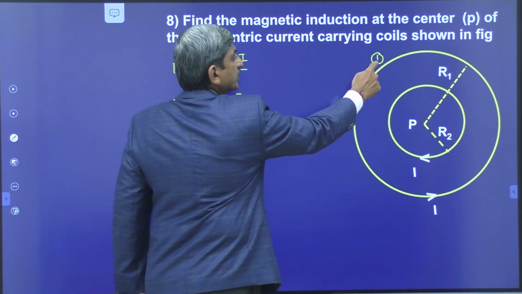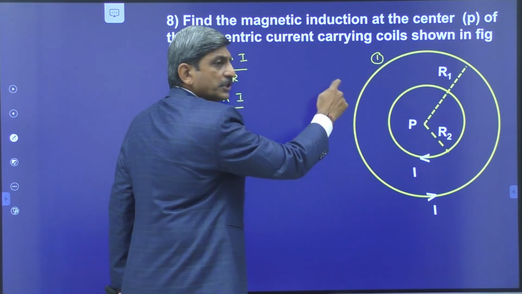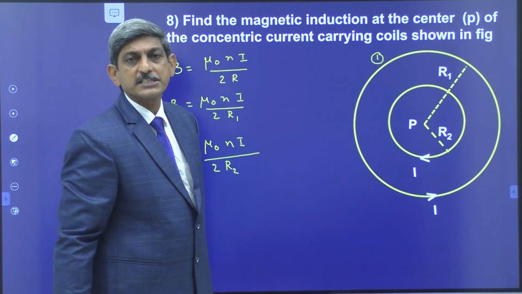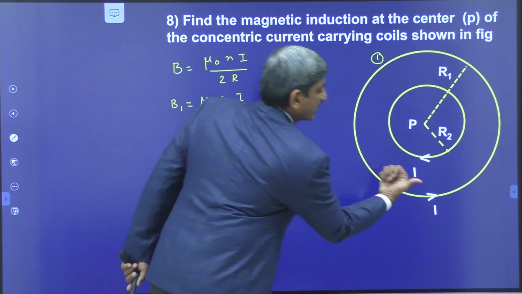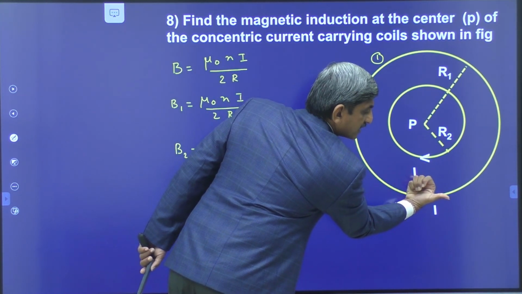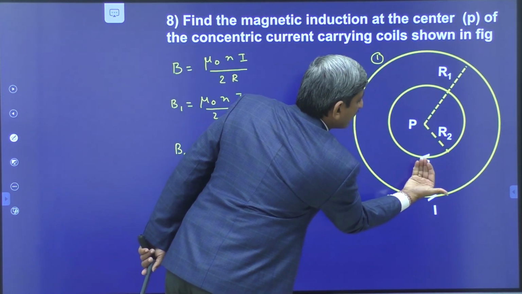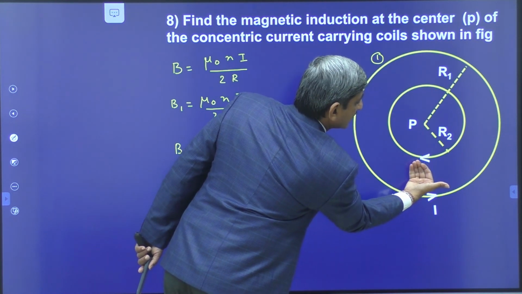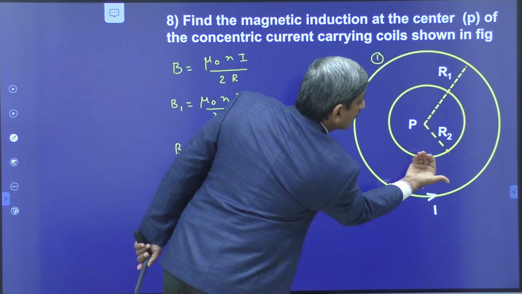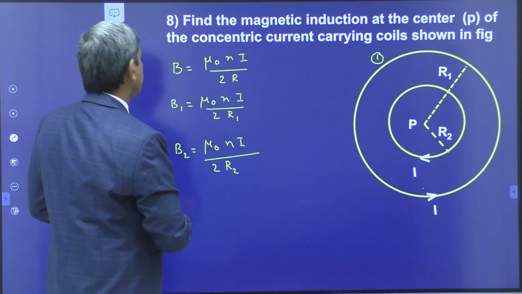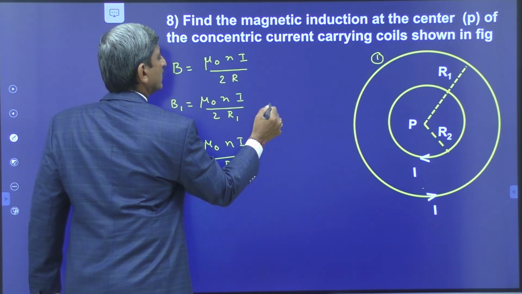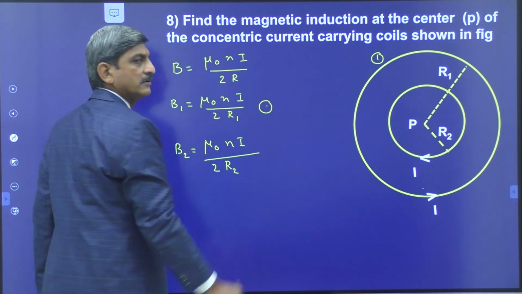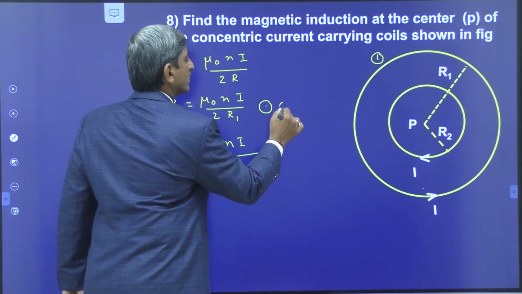Now, due to the first coil, what is the direction of the magnetic field? For that, open your thumb in the direction of the current and the curling fingers give the direction of the magnetic field. See, the curling fingers are coming out of the board. That's why this B1 is coming out of the board, which is acting outwards.